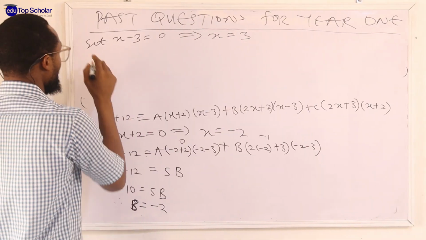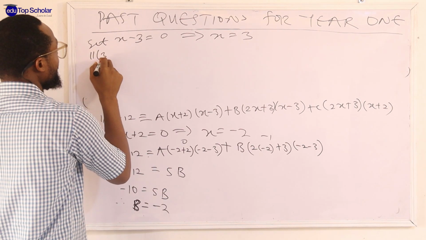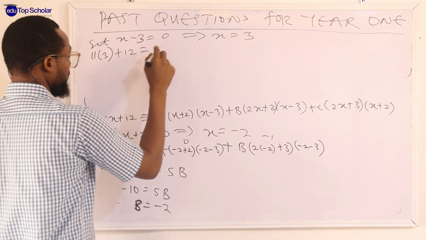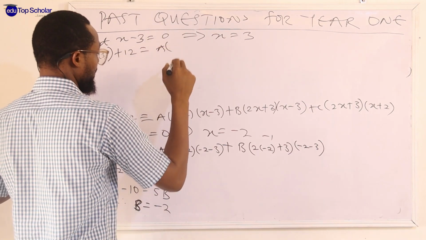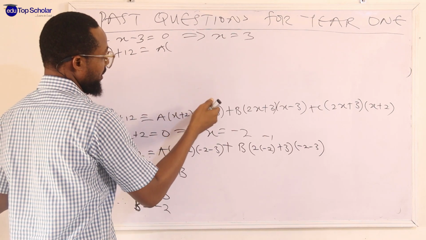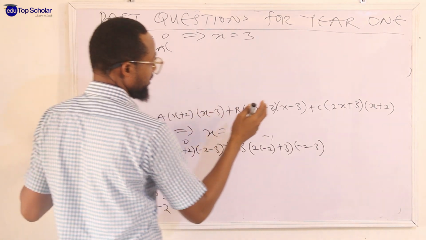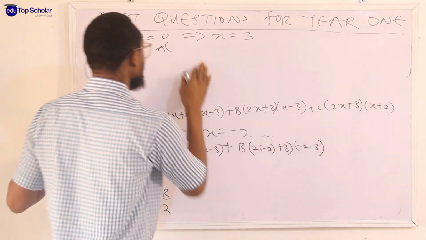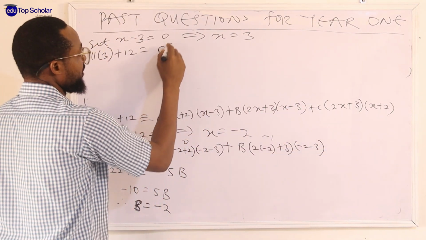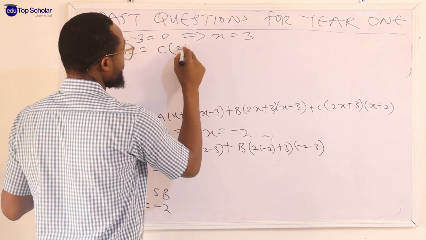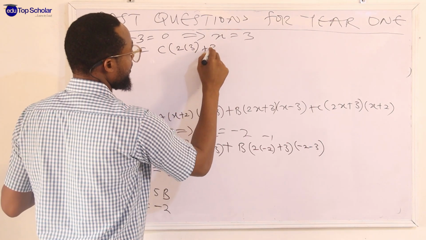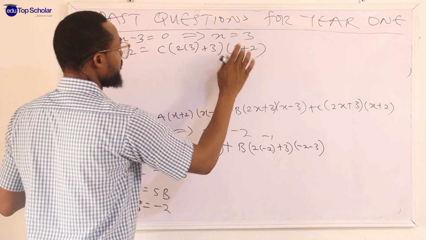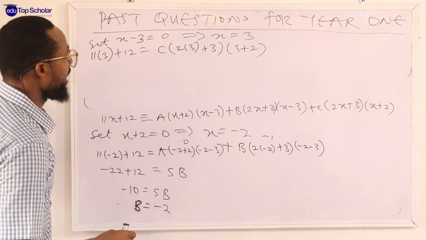Therefore, this one now becomes 11 into 3 plus 12 equals a. This will be 0 because 3 minus 3 here will be 0, so I will ignore this. This one, 3 minus 3, will be 0, so I will ignore this one also. I will go straight to C. I now have C into 2 into 3 plus 3, 3 plus 2. 3 plus 2 here will be 5.